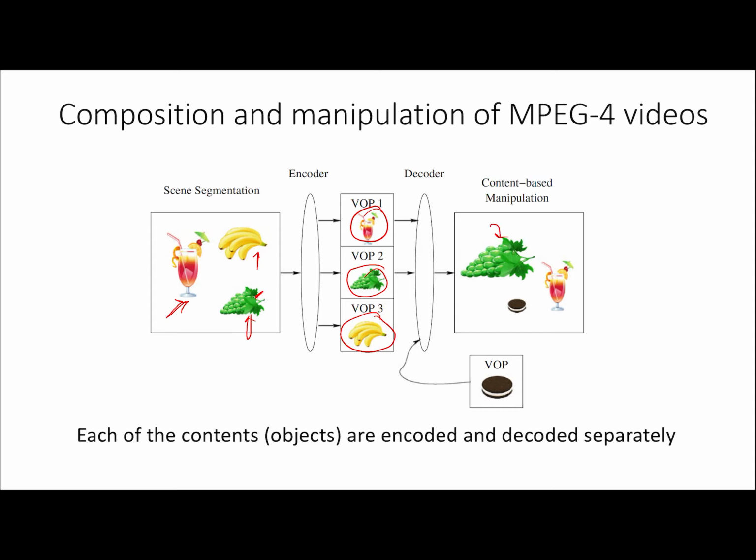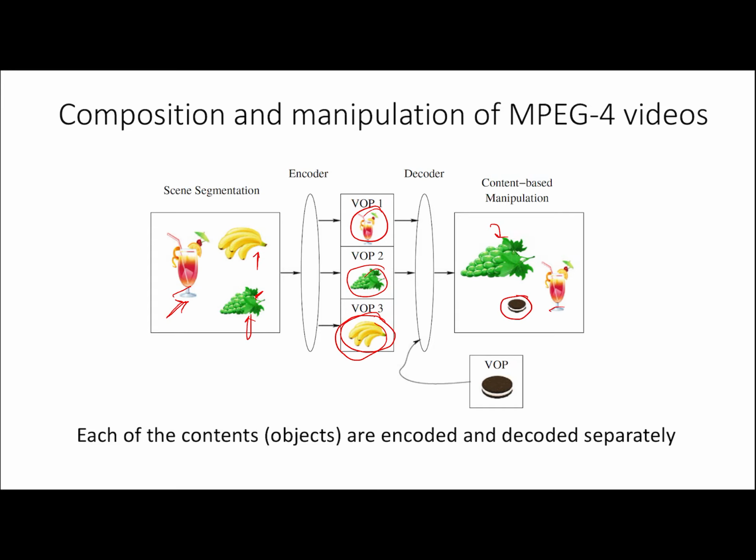This figure illustrates how MPEG 4 video can be composed and manipulated by simple operations. Like if we say this image or frame has three objects, one this glass, second banana, third bananas, and grapes.